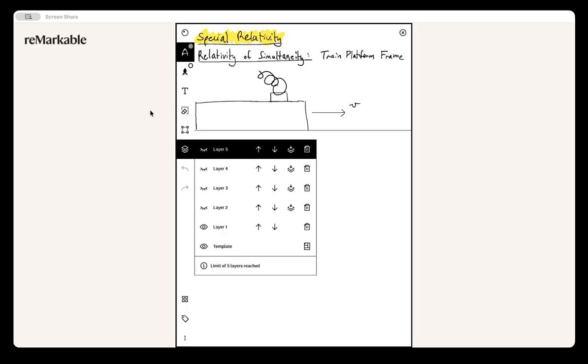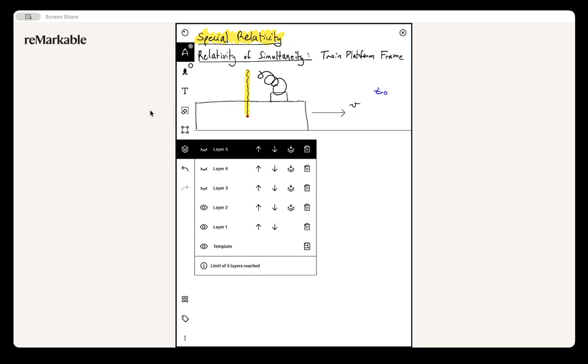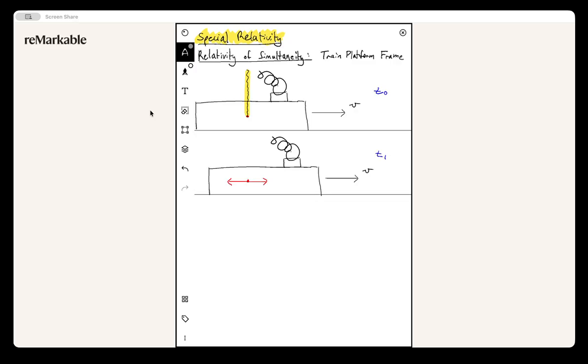So imagine that a light strikes the center of the train at a time t naught, and then it reflects off some object in the center, and then it propagates outwards, right? So from the reference frame of the train platform, we can see the light emanating outwards, and the train is slowly moving to the right.